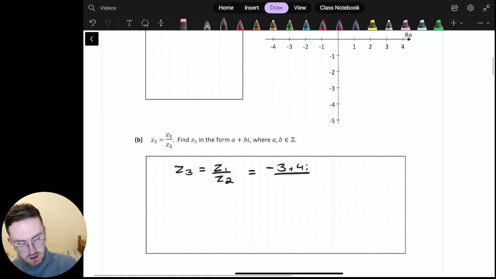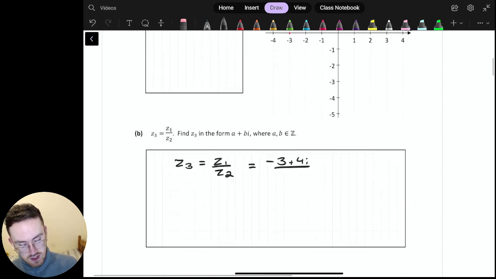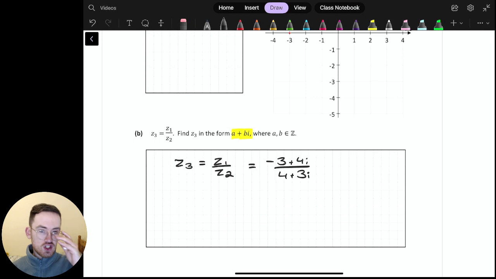Z2 is 4 plus 3i. Okay, now they want us to write it in a particular form, and it's this form here, a plus bi. So what that means is that we have to simplify this down so that it's written as one term. Instead of the fraction, we just want it written as one simpler number.